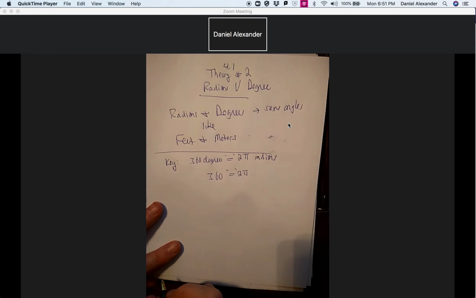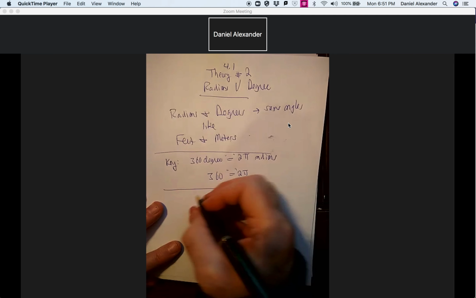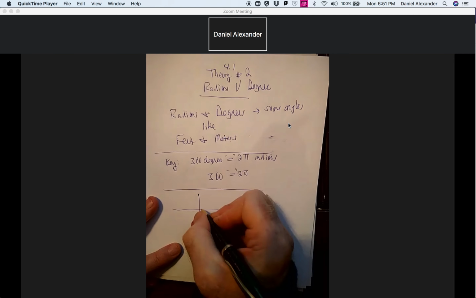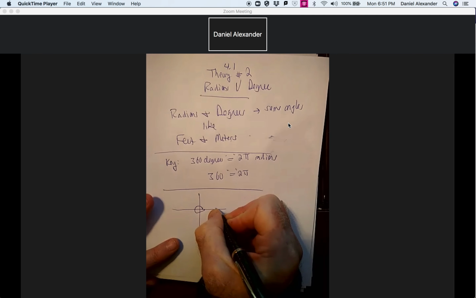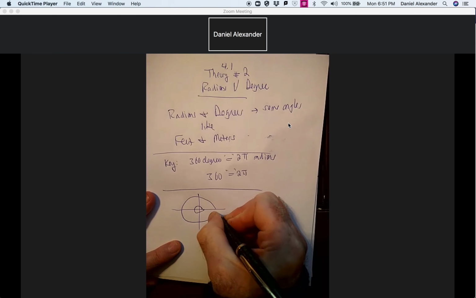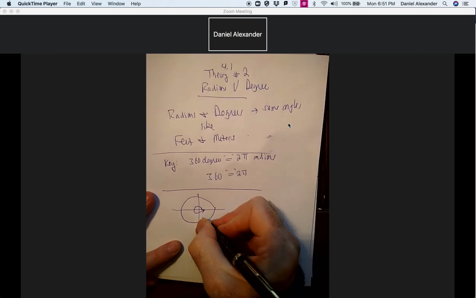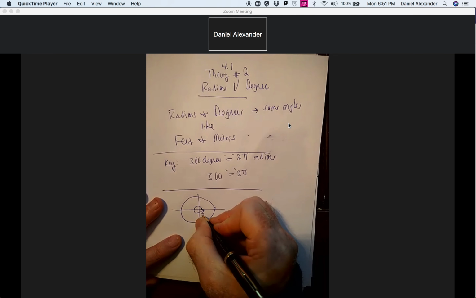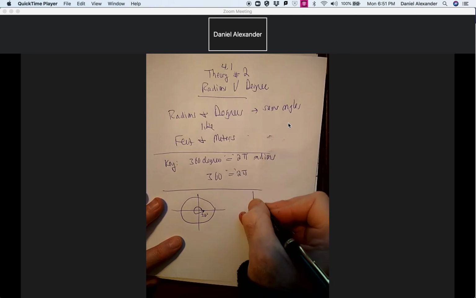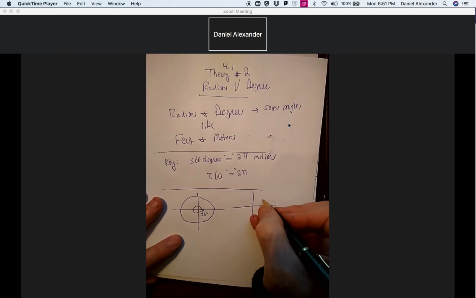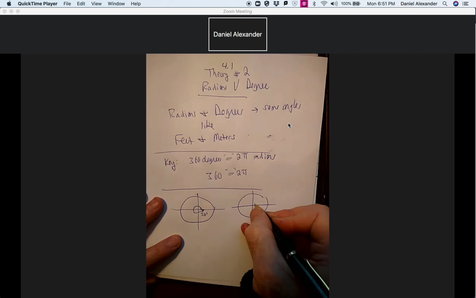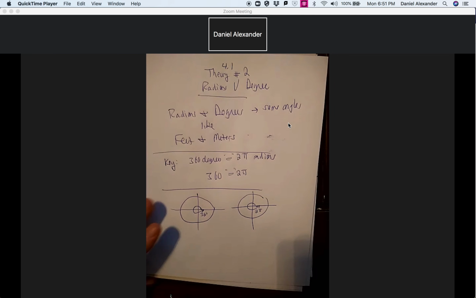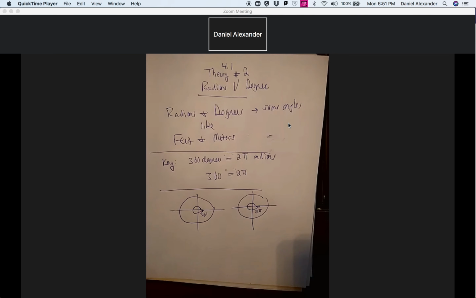Remember, if we look at a circle, it is 360 degrees. If we think about radians, same circle, same angle, just has a different name, 2 pi. That's going to be a key idea.